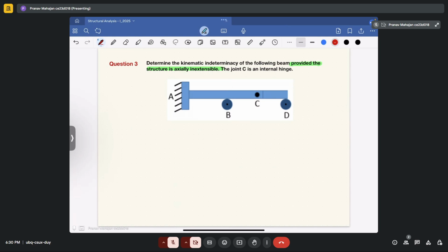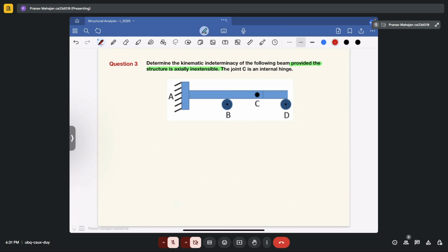In case of a roller support you will have two degrees of kinematic indeterminacy, one due to axial force or horizontal force, and another due to moment. But due to this condition, the structure being axially inextensible, the axial reaction force will become equal to 0.